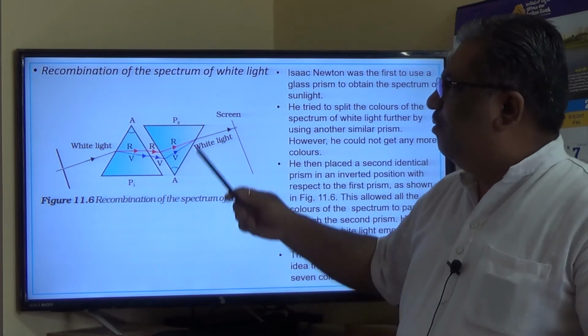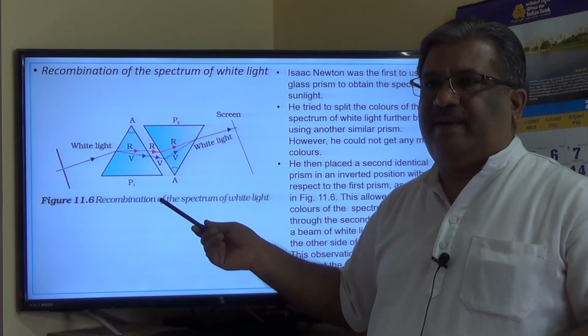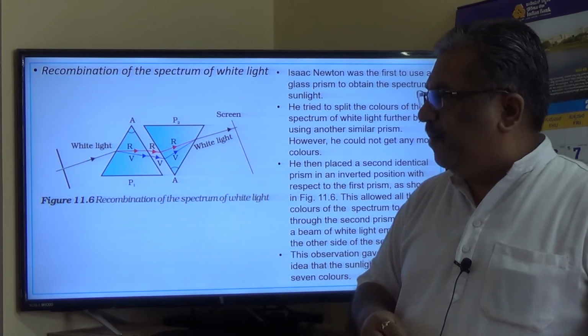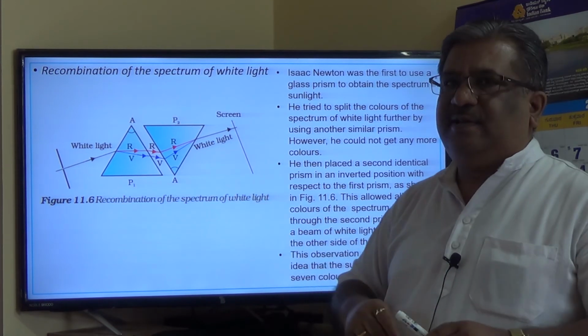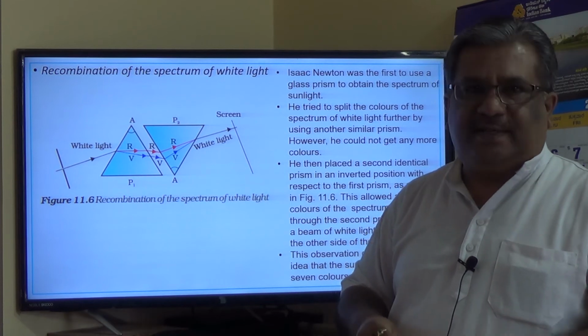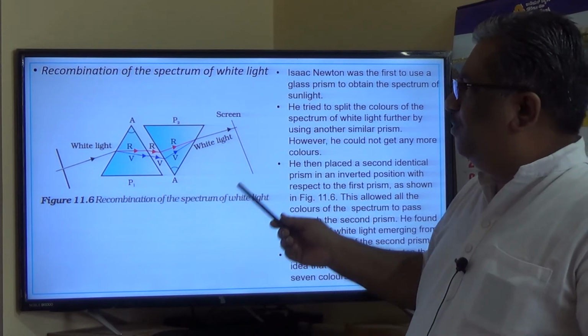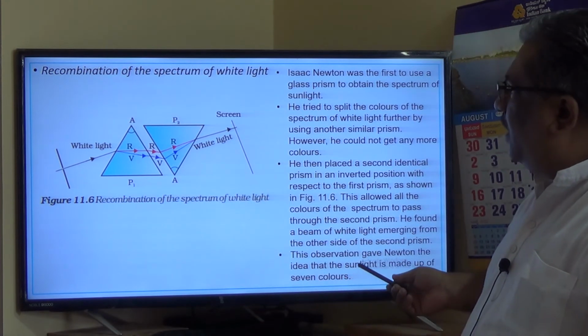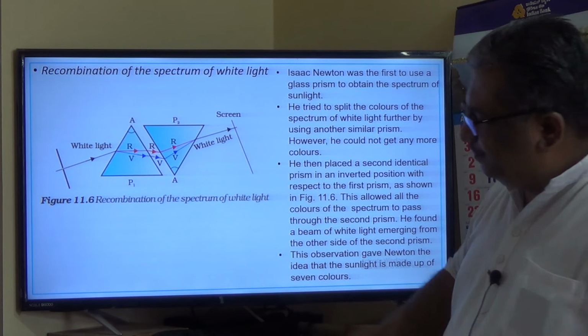Now generally one question appears on this. Explain Sir Isaac Newton's experiment to demonstrate that white light is a constituent of 7 component colors. So in order to do that, this experiment needs to be explained. You can read this and also make a note of this.